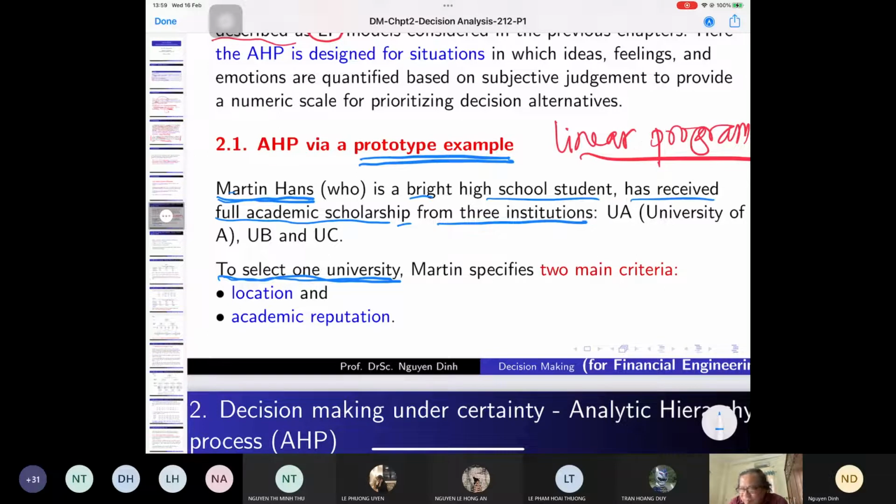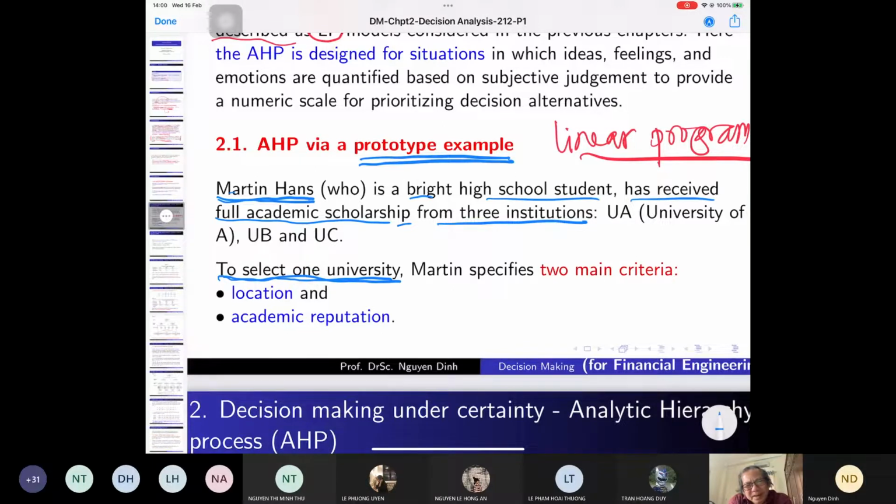Of course, in our life there are a lot of things, but here, in order to make things easy, Martin considers only two criteria. The first one is location. The second one is academic reputation. Why academic reputation? Location is easy. If the university is near, if the way there is by the highway, and he can drive a car to the university easily, just 5 or 10 minutes, then it's good.